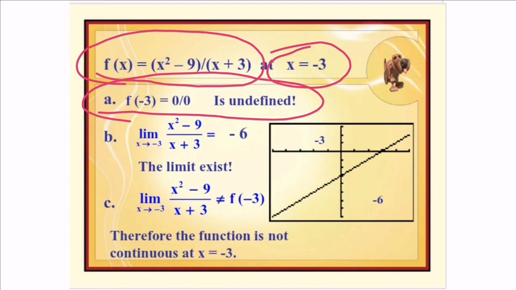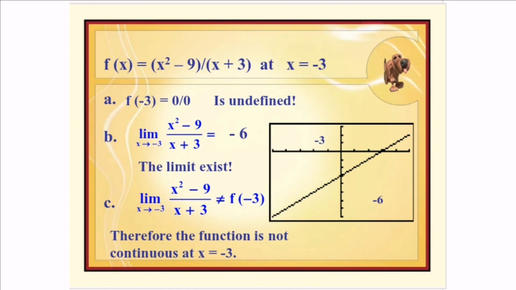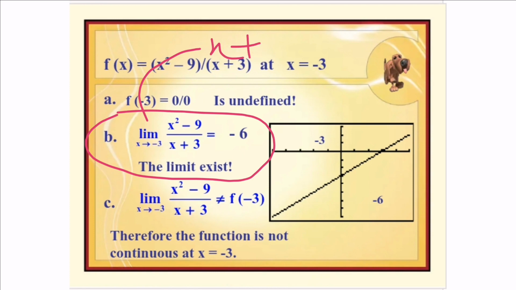Now we want to evaluate the limit at x equal to minus 3. If we evaluate this limit, it will be equal to minus 6, because x square minus 9 can be written as x plus 3 into x minus 3. Now x plus 3 cancels with x plus 3. By direct substitution we get the limiting value equal to minus 6.